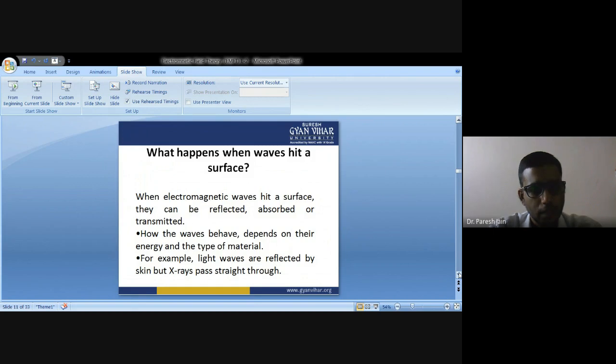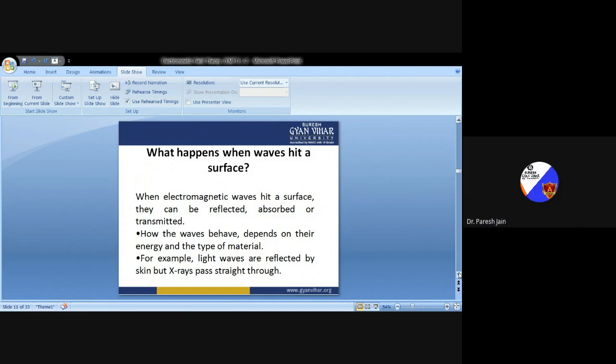In this example, we have discussed the light wave. Light wave has a different frequency and a different wavelength, and they are reflected by the skin. But X-ray has very high frequency compared to the light wave, and it passes straight through the skin.